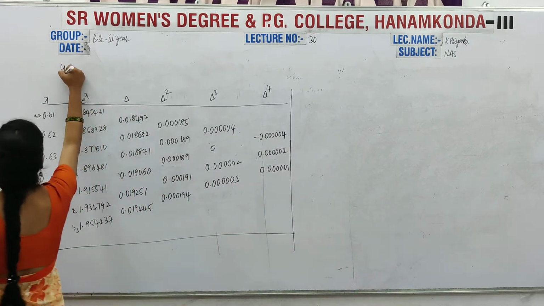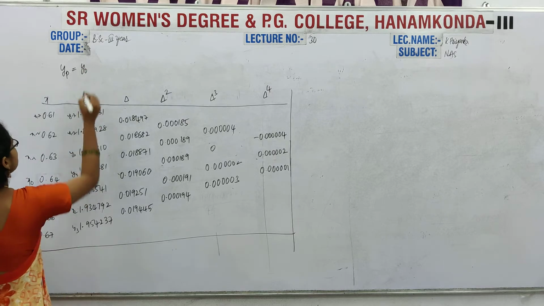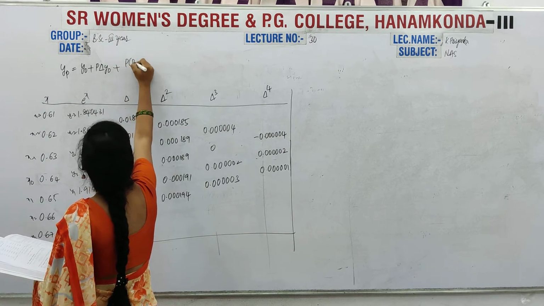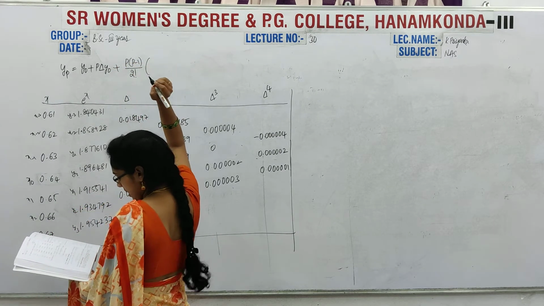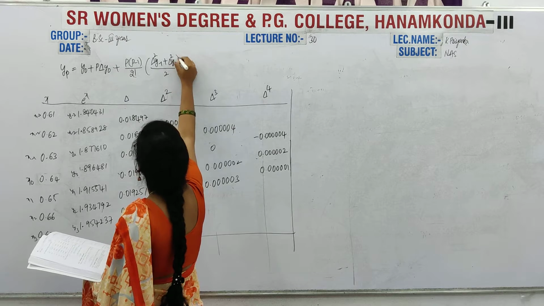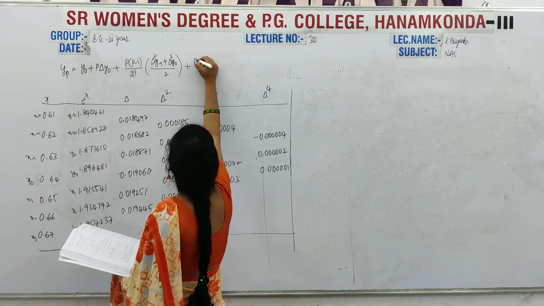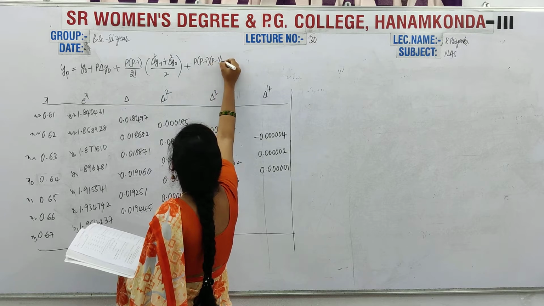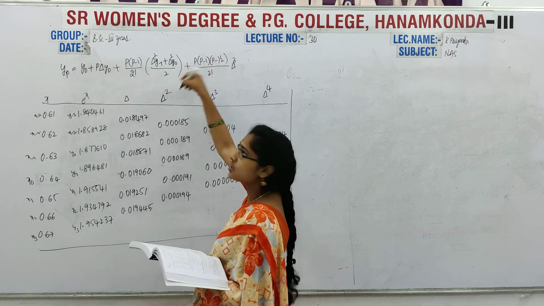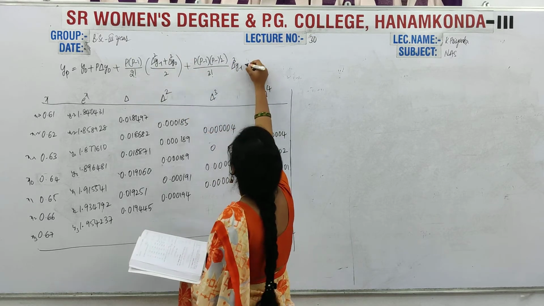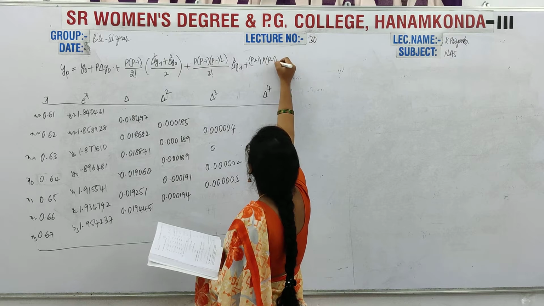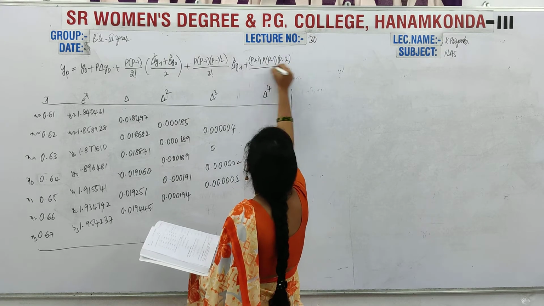Bessel formula is yp is equal to, first of all, y naught, next plus p into del y naught, next plus p into p minus 1 by 2 factorial into del square y minus 1 plus del square y naught by 2, plus p into p minus 1 into p minus 1 by 2 by 3 factorial into del cube y minus 1, plus p plus 1 into p into p minus 1 into p minus 2 by 4 factorial.